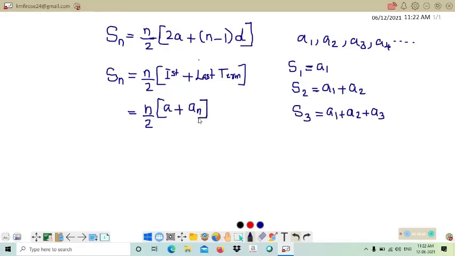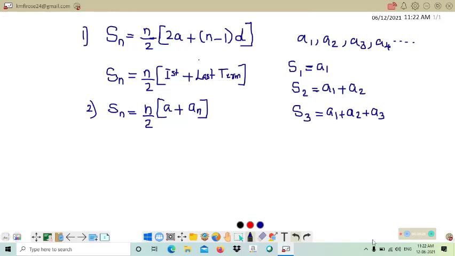So n by 2 into (a plus an). So there are two equations to find the sum of n terms. According to the situation, you can select whichever equation you need.